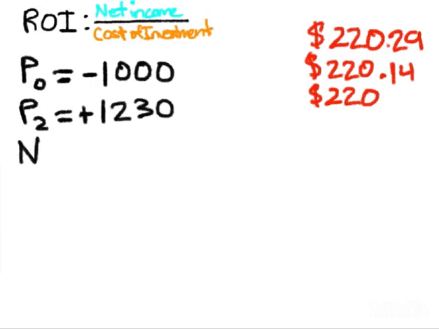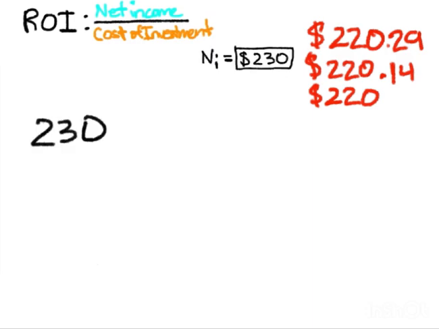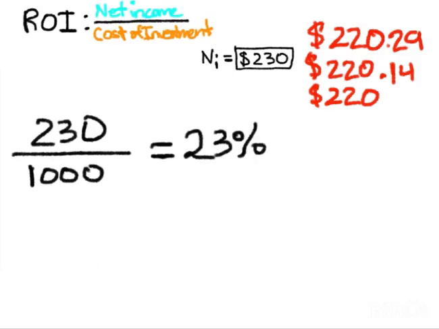That would mean your return on investment there would correlate with your net income after 2 years, which will be $230. That would be your net income value. That $230 net income, the cost of your investment, which was $1,000, that would mean then that it would be a 23% interest rate after 2 years of your investment.